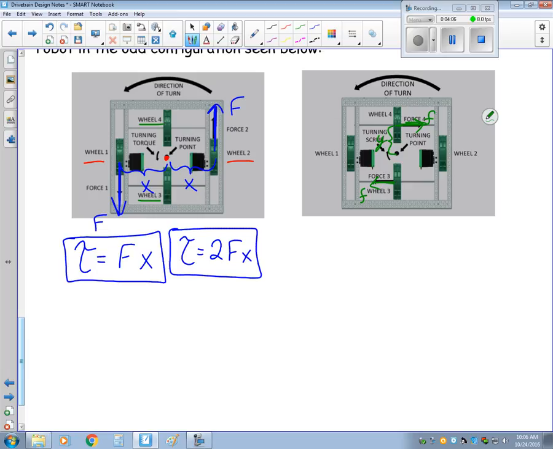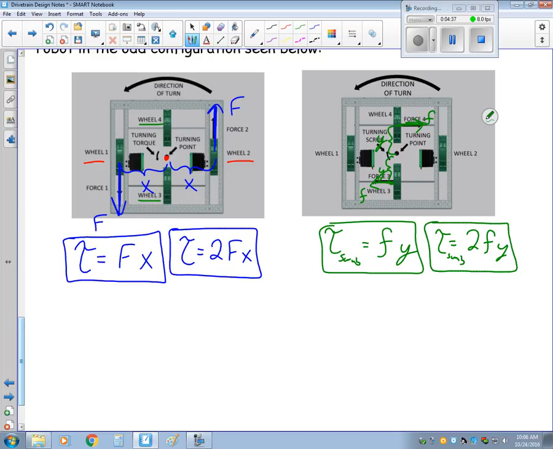I'll call this Y. So then the torque from the scrub would equal the friction times Y. And again, in this particular configuration, we have 2 wheels that are contributing to the scrub, so we would just double that.